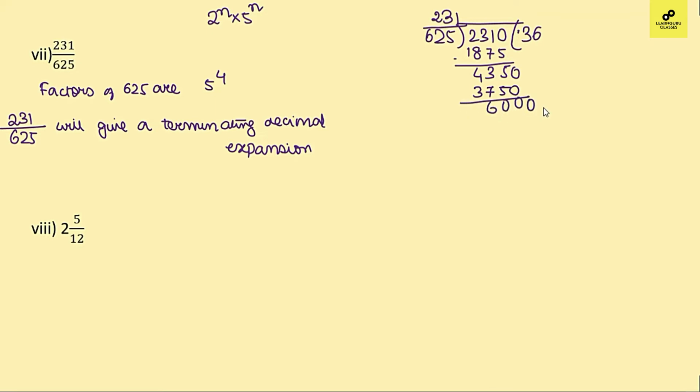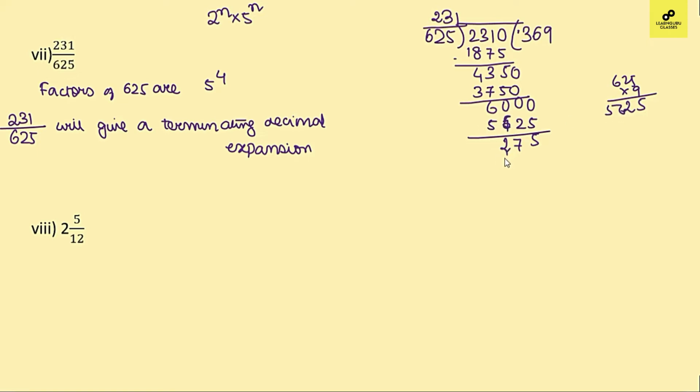Again 0. So 625 into 9 will give 5625. So this is 56, 5625.